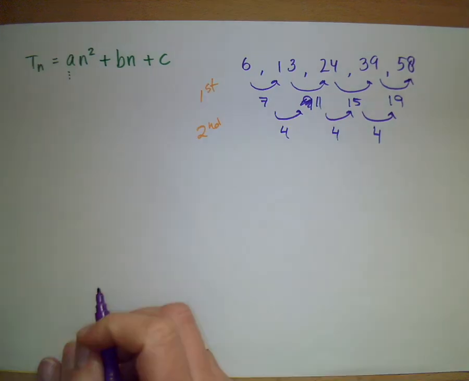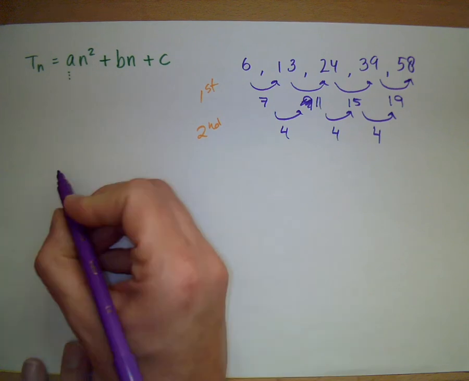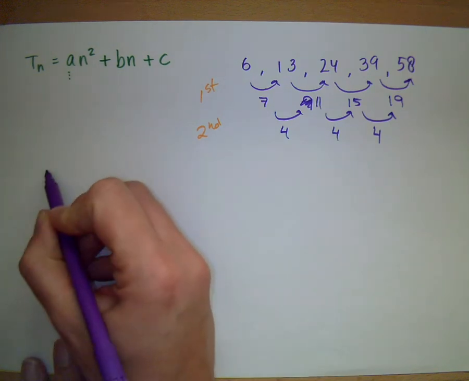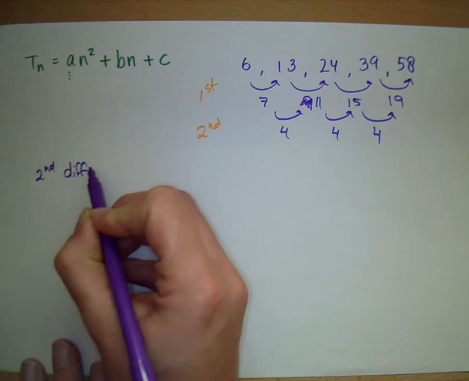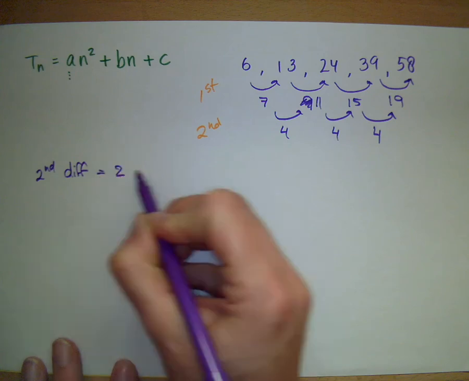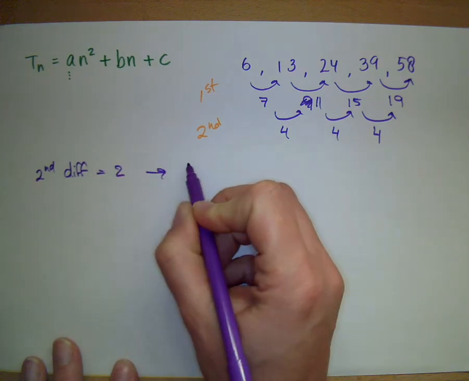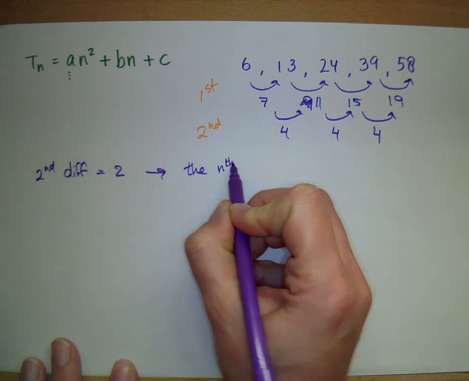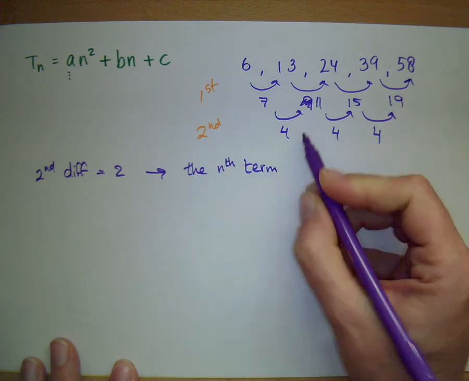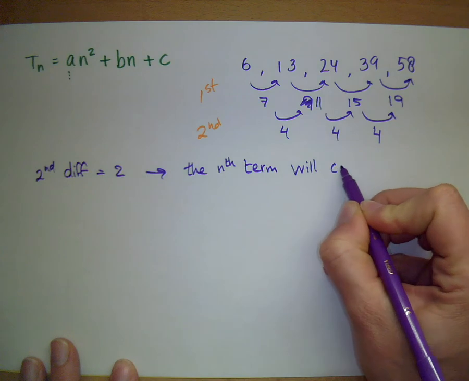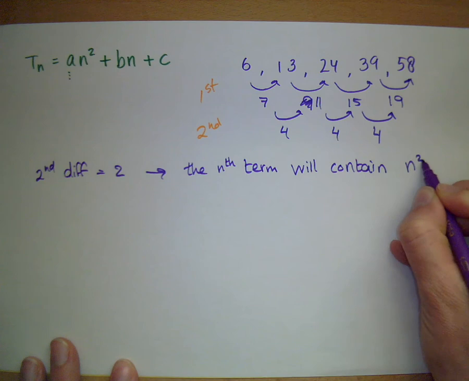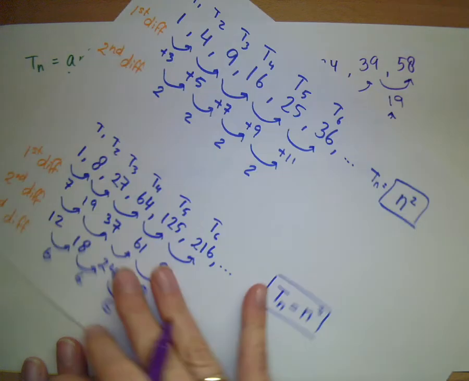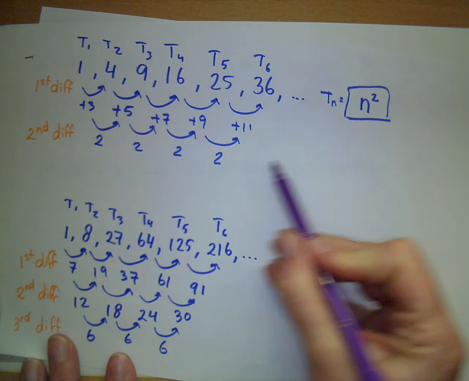Now, what you need to know is that every time, and this is a good thing to write in your notes, when the second difference is 2, then the nth term will contain just n squared, like we had in this one. The second difference was 2.